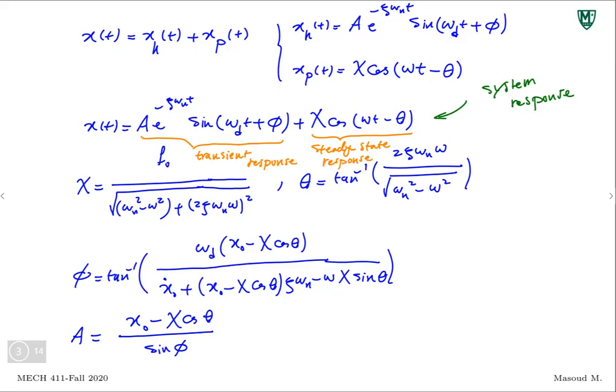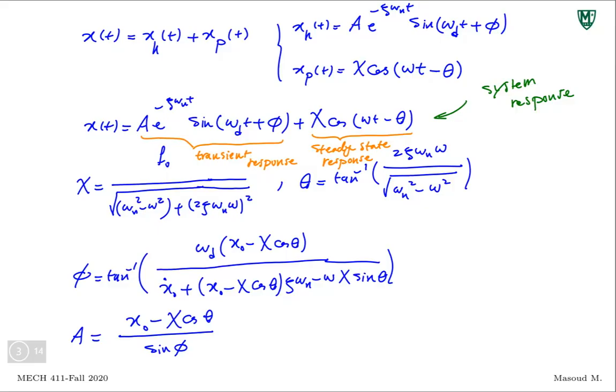Now, what do they mean by transient response and steady state response? I guess the name kind of gives it away a little bit. When you have a spring mass damper and you're applying a harmonic force, the first few seconds, or depending on the system and its parameters, a fraction of a second, the very beginning of the motion, when you just start the system or just apply the force, the response is not dominated by, but includes, transient response.